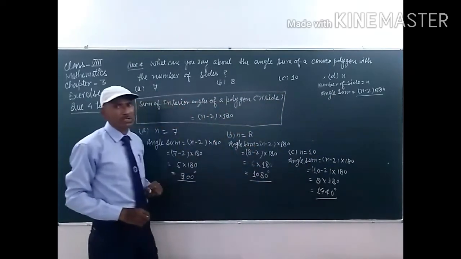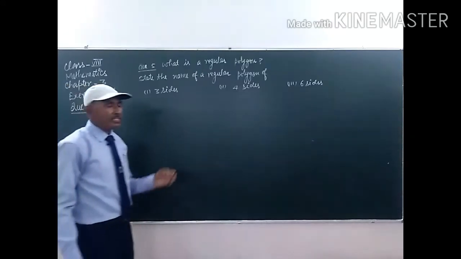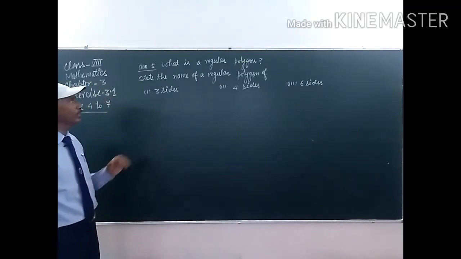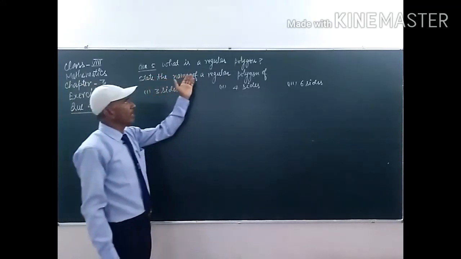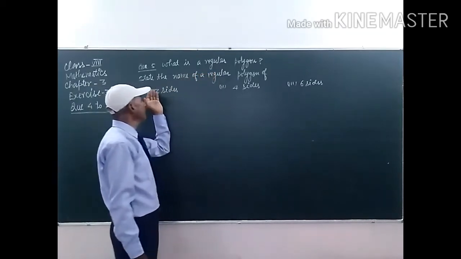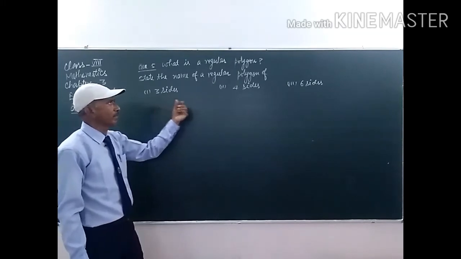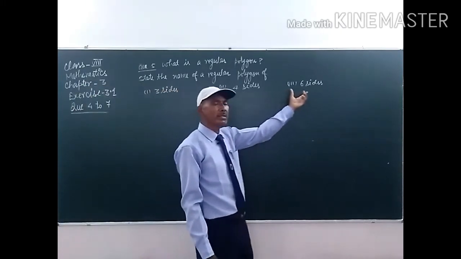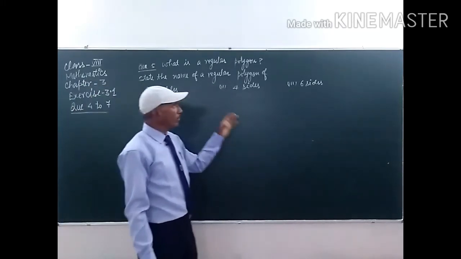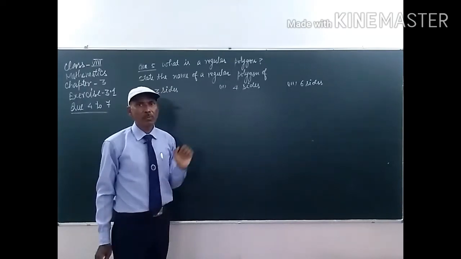Now we will solve question number 5, students. This is question number 5, and in this question: what is a regular polygon? State the name of a regular polygon of 3 sides, 4 sides and 6 sides. So this question is divided into 2 parts.